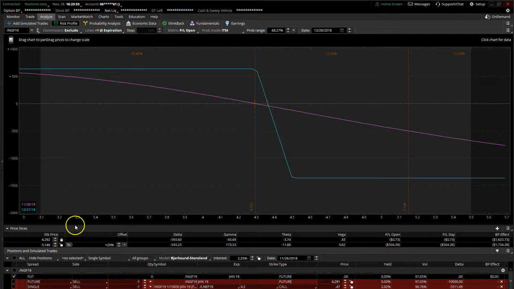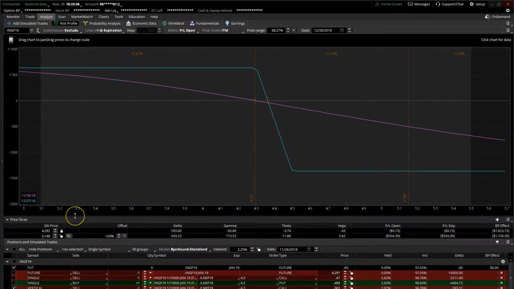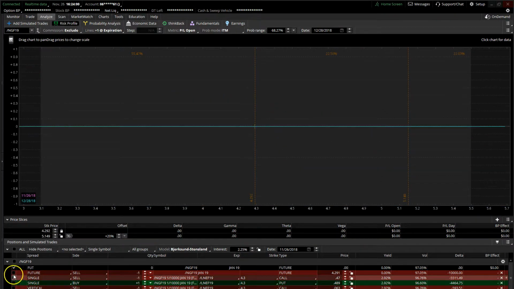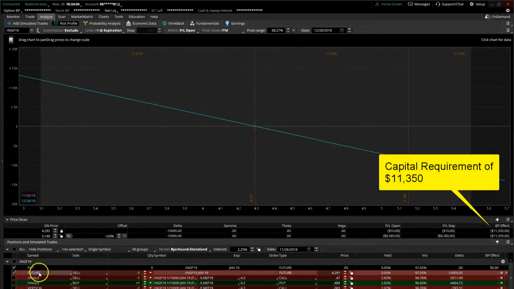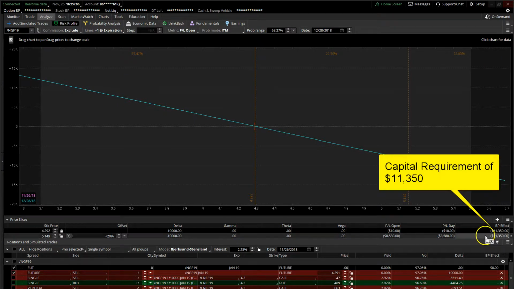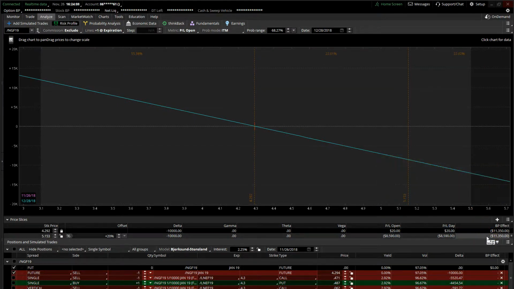If we go and change it, looking at our buying power, right? How much we're using in terms of capital. One future contract will be using around $11,000, and this is theoretical, and of course each broker can change the capital requirements.